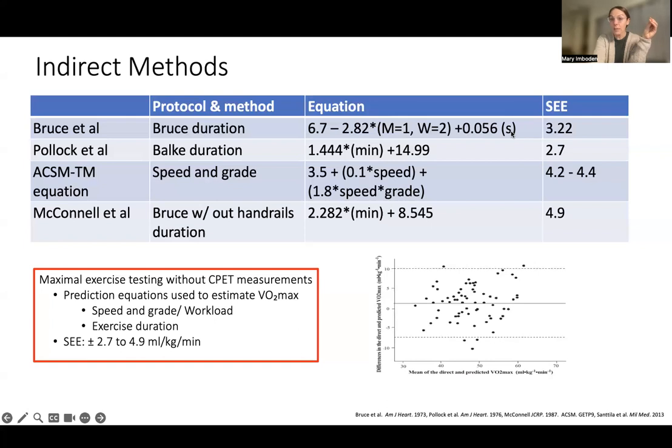And with that, there's going to be a lot of differences from someone who gets to 9 minutes on the protocol, a female, let's say, to the next female that does it and only gets 9 minutes. There's still some difference. And so the standard error that's been found is 3.22 mLs per kg per minute, meaning that it'd be more accurate to say to someone, your VO2, yes, it was measured here today.